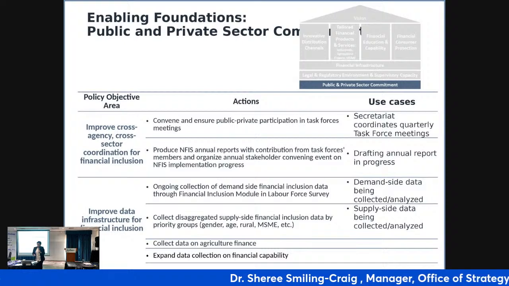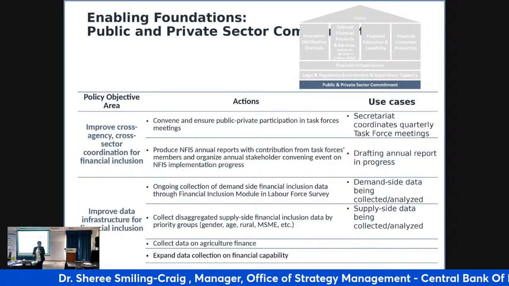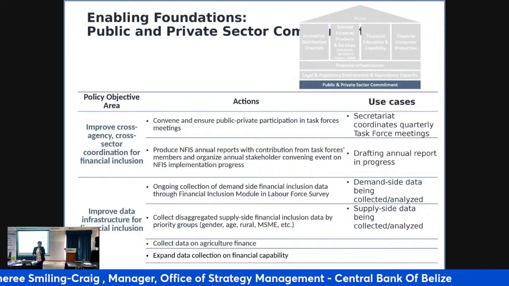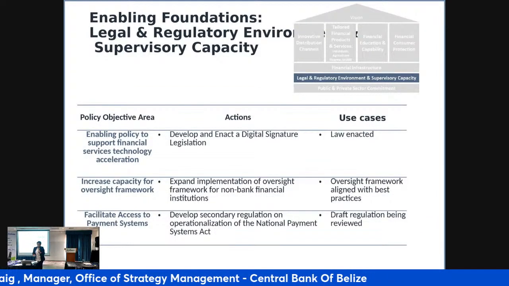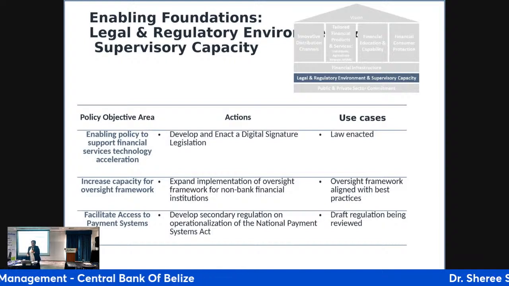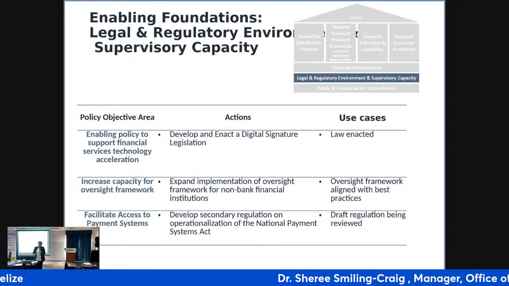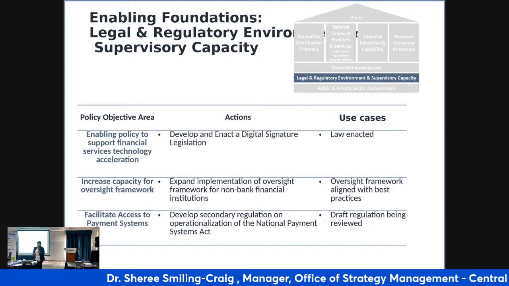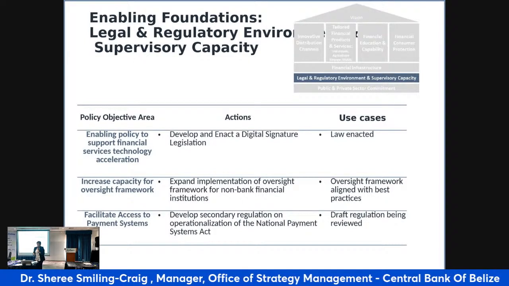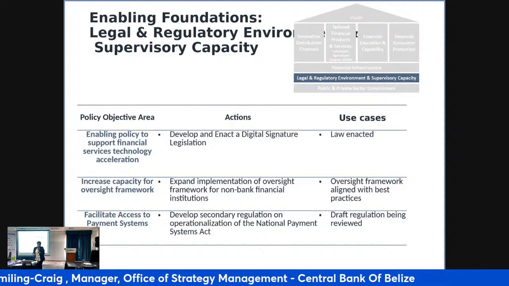Now, when it comes to the legal and regulatory, we have digital signature legislation enacted. That was one of the actions we wanted to pursue. We have that. We also have our oversight framework has been expanded tremendously in line with international best practices, and we got the World Bank again to help us to develop our framework.